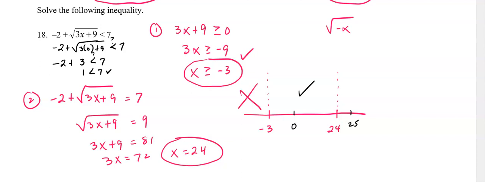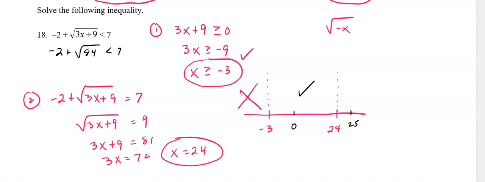Okay, well, let's just see if the numbers past 24 will work as well. So you can pick anything you want. I'll just go with 25. All right, so -2 plus, let's just go ahead and do 3 times 25 is 75, and 75 plus 9 is 84. Well, let's just think about this for a second.